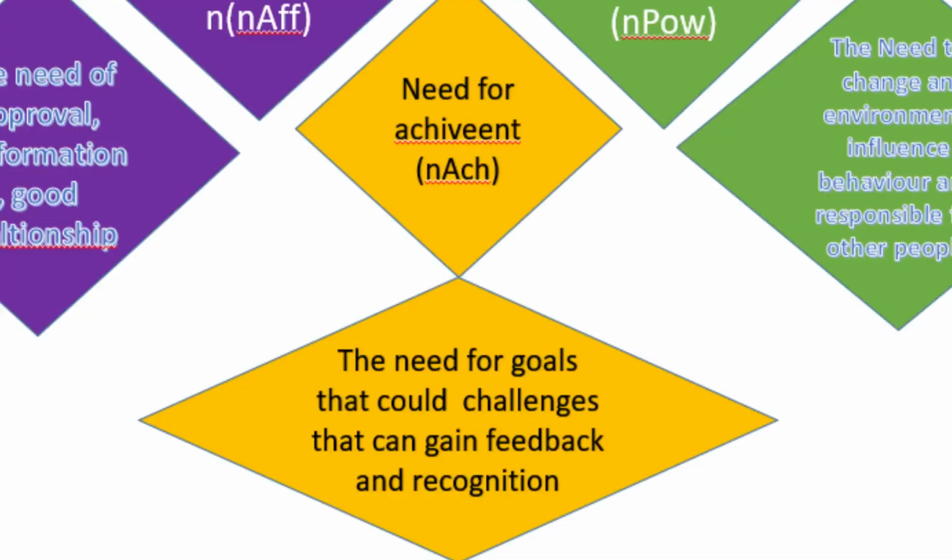What is interesting in this theory is that it explains two other motivations: the need for power and the need for achievement. The need for achievement can be met when employees are given a goal, and the result of reaching the goal comes with feedback.